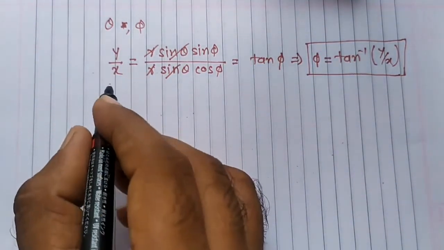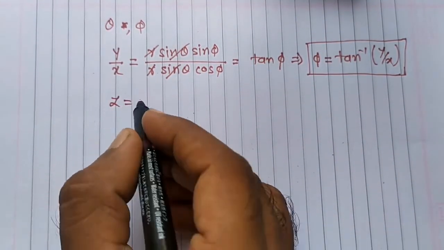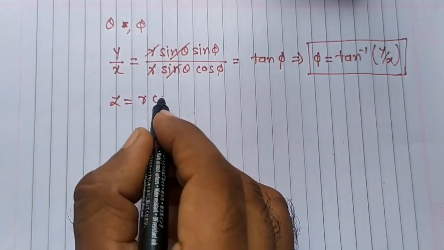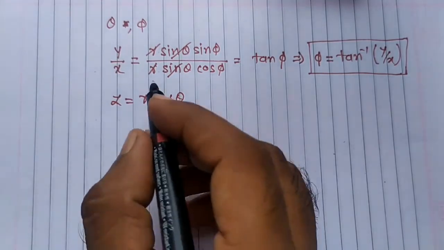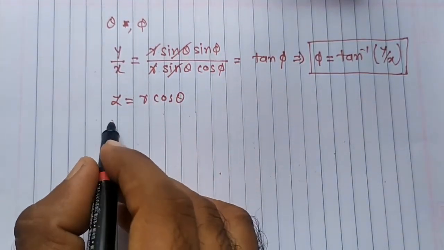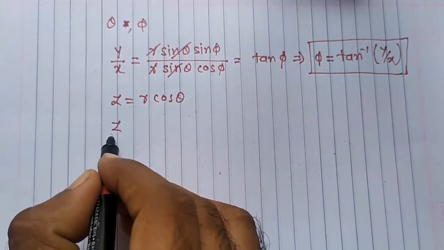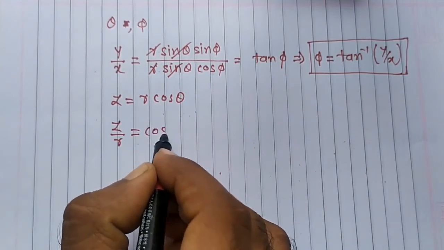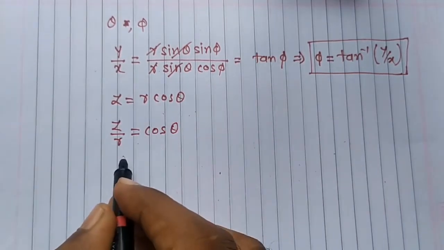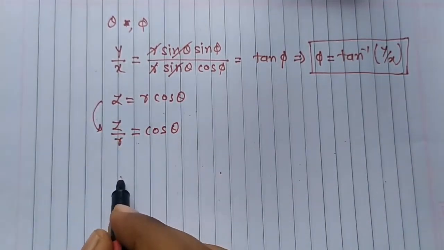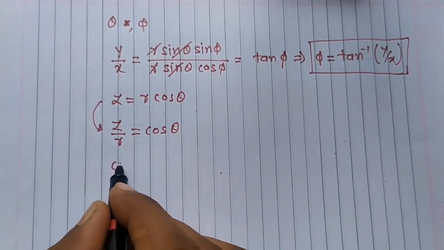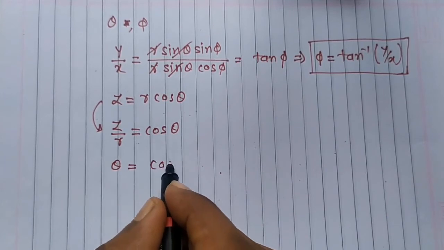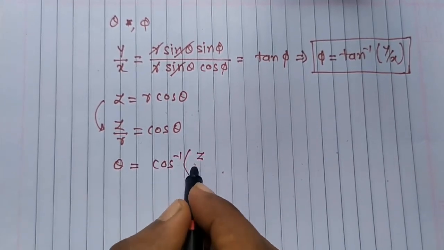Now the theta coordinate remains. It was like this: z is equal to r cos theta. This was the relationship for z. I can write it like this: z upon r is equal to cos theta. I can take cos inverse, then theta is equal to cos inverse of z upon r.